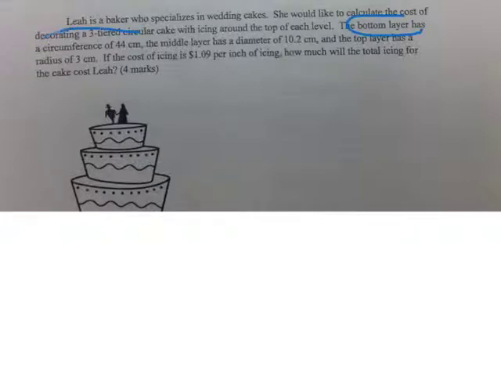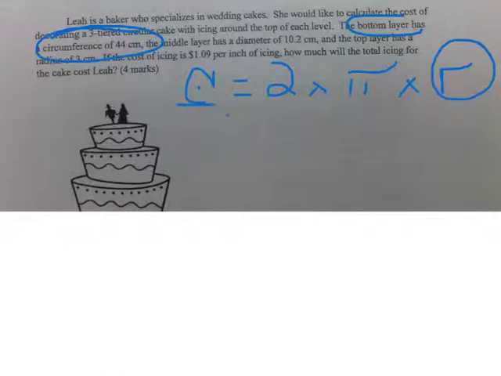So at the bottom layer, here's the bottom layer, I get a circumference. Now I need to do a lot more work for this. The circumference of a circle, the formula is equal to 2 times pi times r. So I can get the radius from my circumference formula if I rearrange it. My radius will equal my circumference that's given in the question divided by 2 times pi.